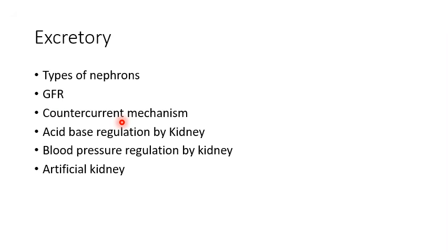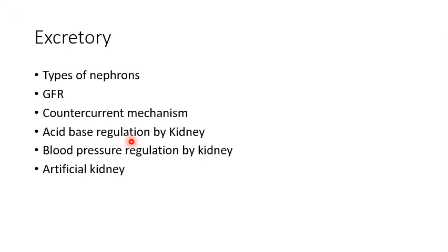Coming to the countercurrent mechanism, you have to explain two topics: countercurrent multiplier and countercurrent exchanger. Multiplier by the loop of Henle and exchanger by the vasa recta. This mechanism is for concentration of the urine. Coming to acid-base regulation, we talk about the acidification of urine at various segments, like the role of the proximal tubule, the role of the collecting duct, and the role of the distal tubule.